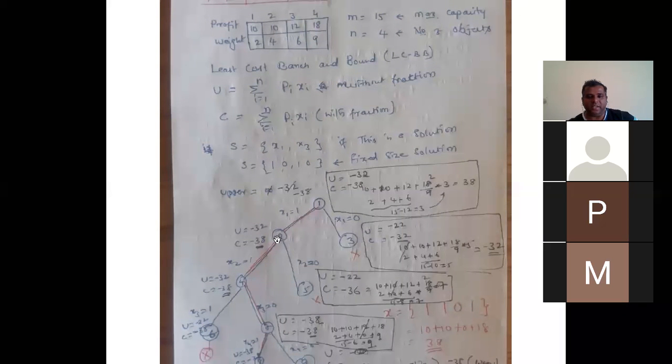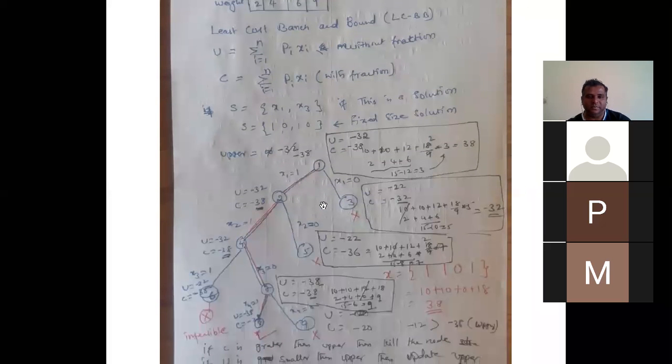So then select the next object, that is x2, the second object, with considering the second object and without considering the second object. With considering the second object, you will get the same as its parent.